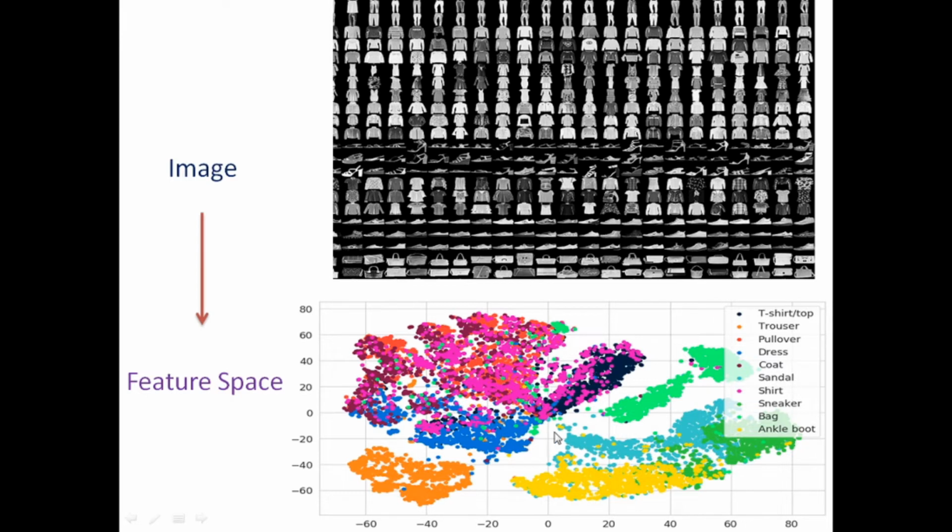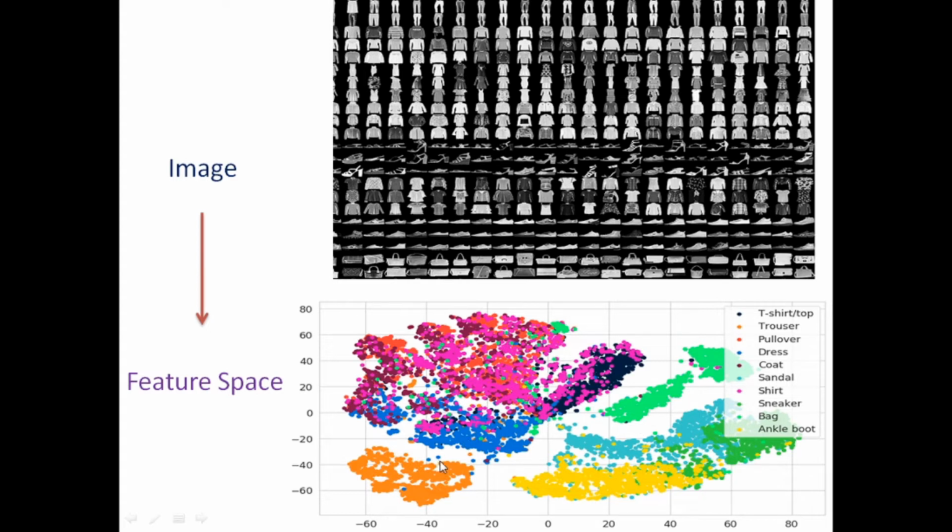In this feature space we have a number of points. These points are nothing but the feature vectors representing particular pixels in an image. So in this image we have pixels, and for each pixel we have a feature vector. These are projected into a high dimensional feature space.